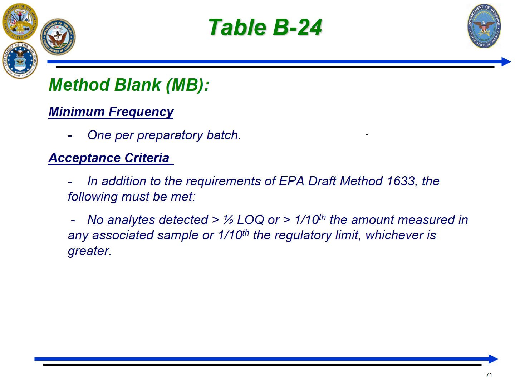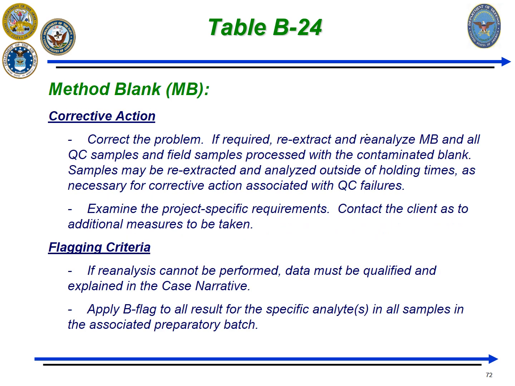They're looking at it relative to greater than the limit of quantitation or method limit. We require no analytes to be detected at greater than 1/2 the limit of quantitation, or 1/10 the amount measured in any associated sample, or 1/10 the regulatory limit, whichever is greatest. So it's a little bit more stringent than the analytical method itself.